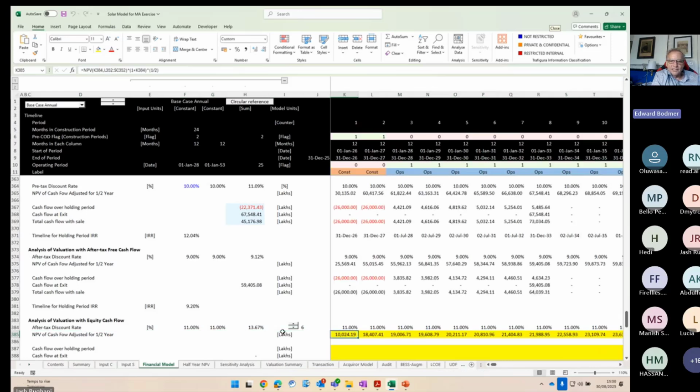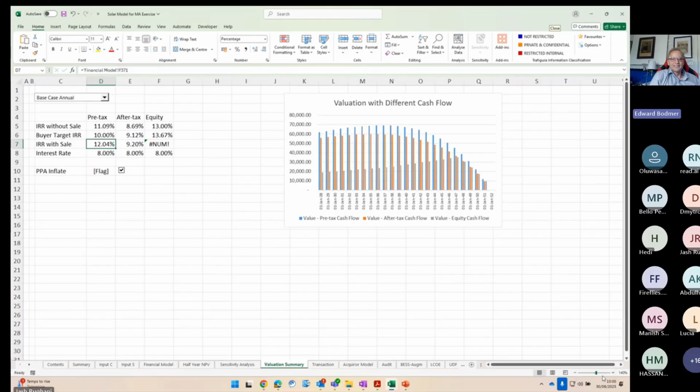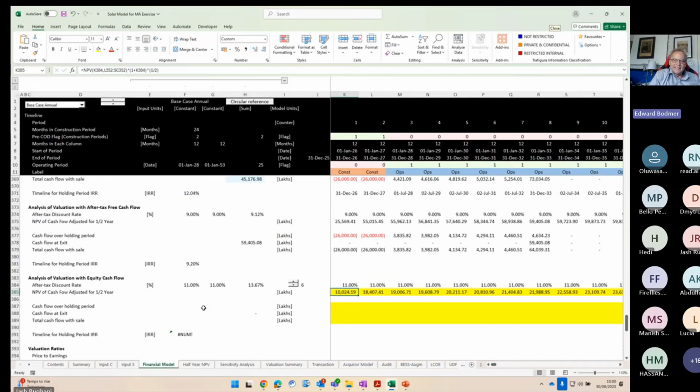If you go to the valuation summary, that just shows how the valuation of the project comes down over time. Okay, very good. And then it goes up because this one had some inflation in the cash flows. Let's go back to our financial model. Again, the idea here is we don't have any terminal value.